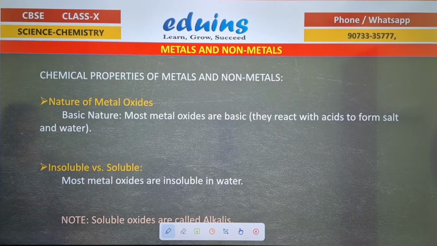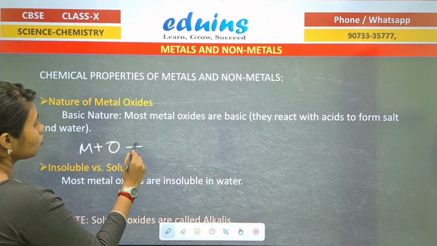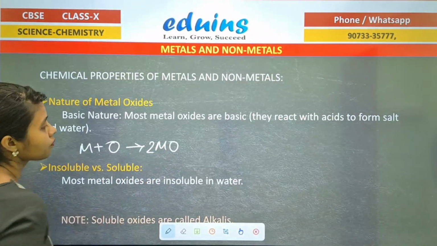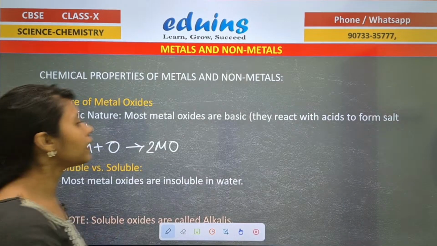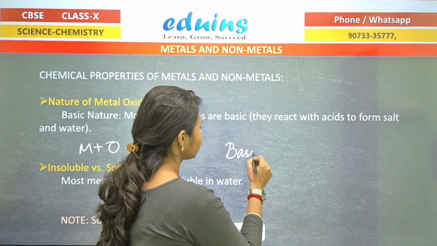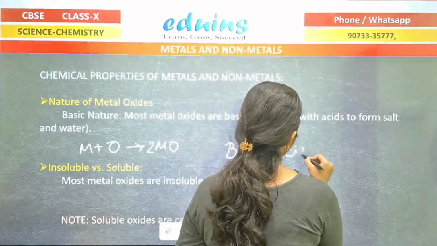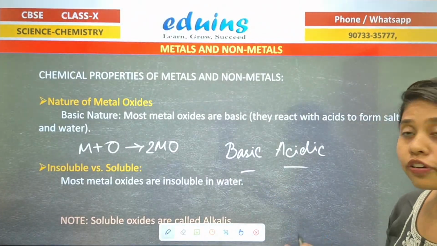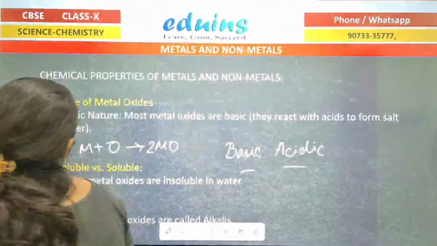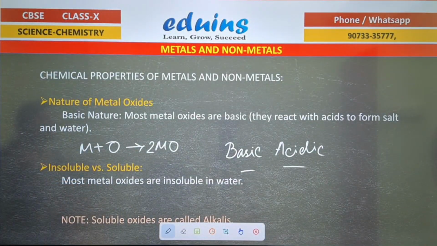Nature of metal oxide. When I get the metal oxide, we have to decide the nature. Is it basic or is it acidic? How to know it? What do you mean by basic nature? Basic oxides react with acids to form salt and water.